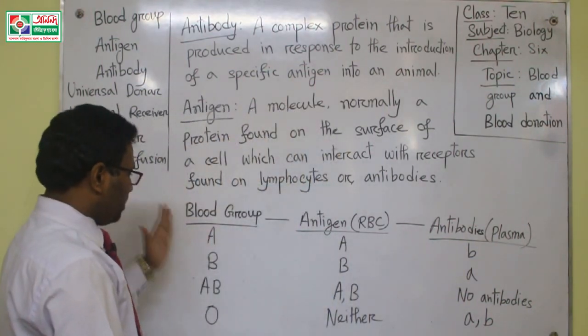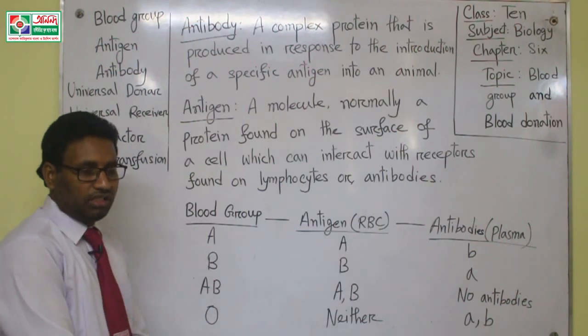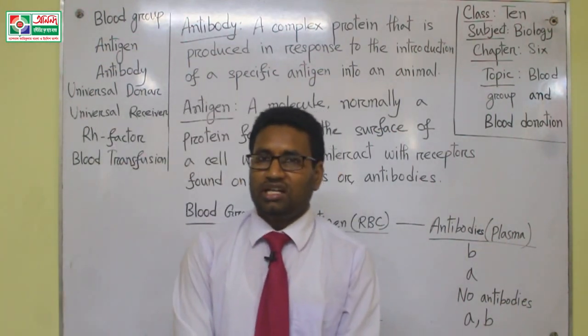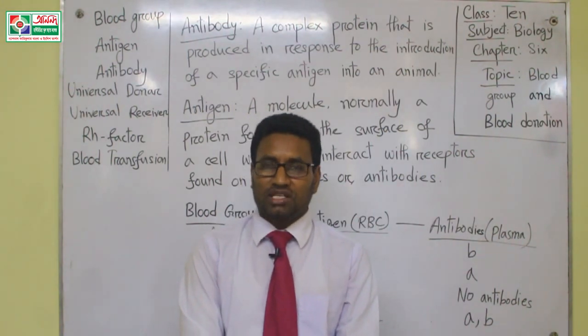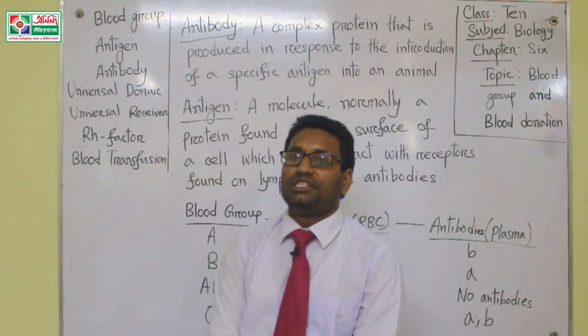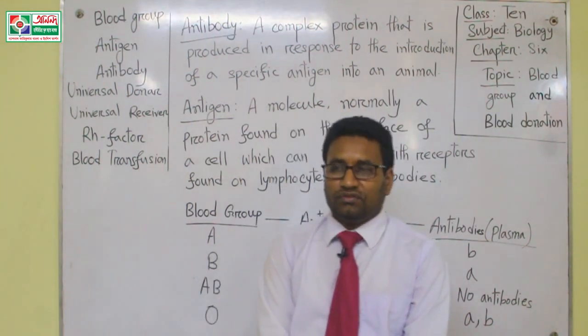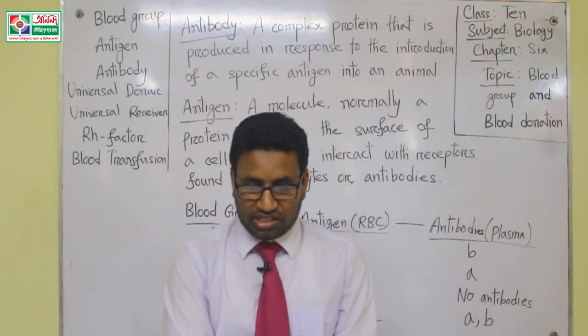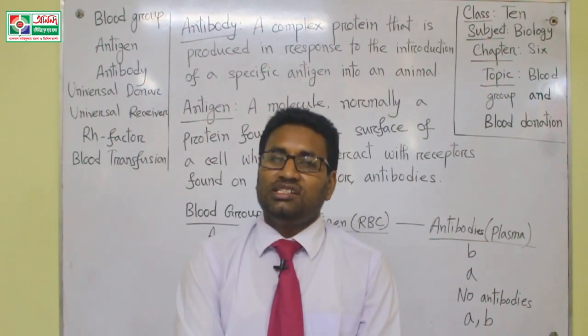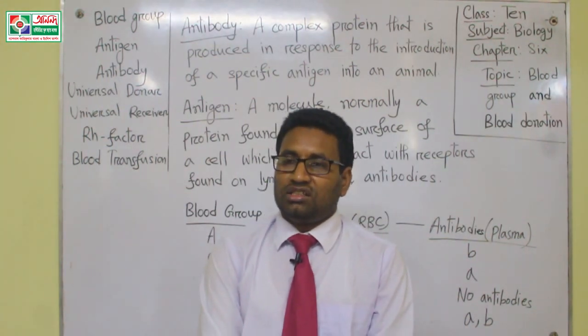From the table of blood group, we can find two important topics, and these two topics are universal donor and universal receiver. We can easily define universal donor and universal receiver from the table.